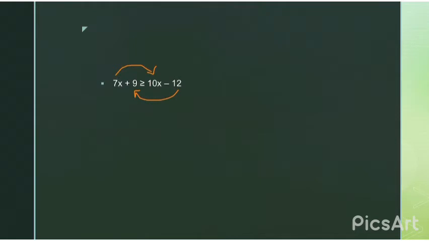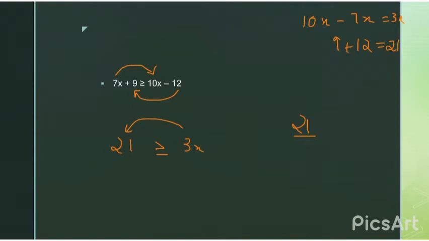So here you get 10x minus 7x, which is equal to 3x. Then we also get 9 plus 12, which is equal to 21. So we have 21 greater than or equal to 3x. Now we need to make x alone. We bring the 3 to this side and get 21 divided by 3, which is equal to 7. So then we write 7 greater than or equal to x.